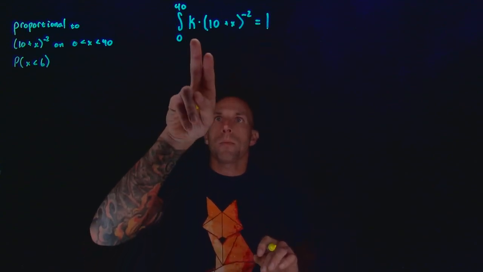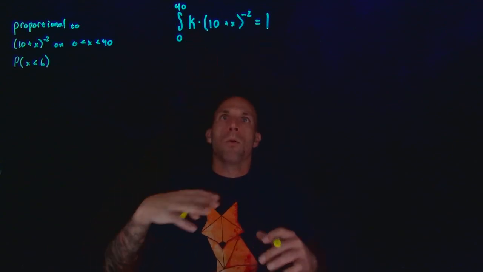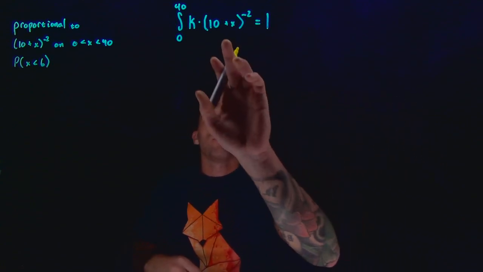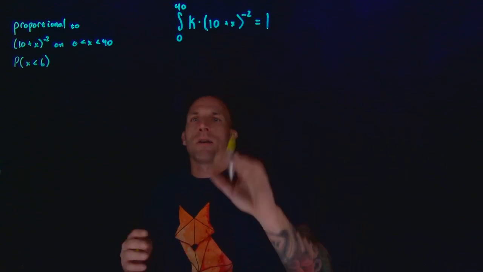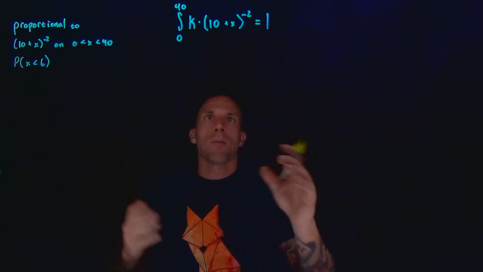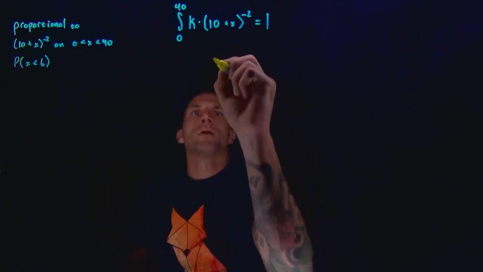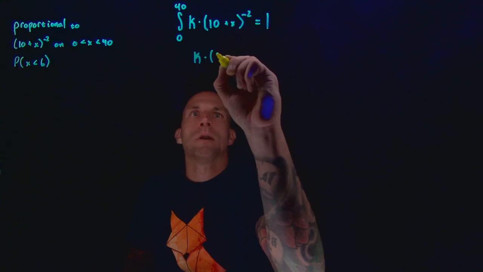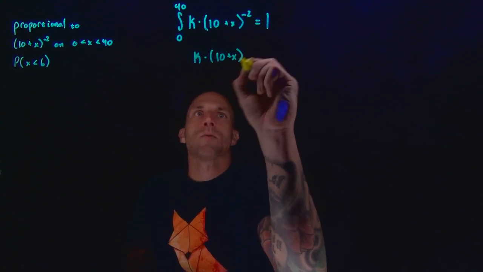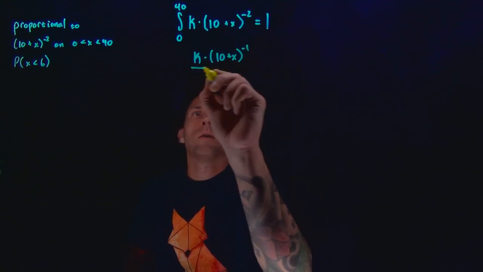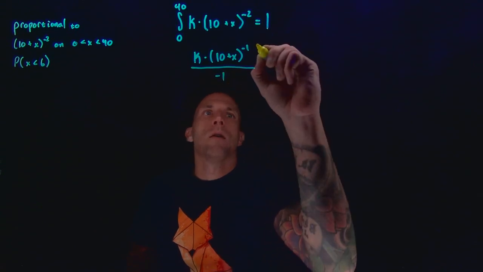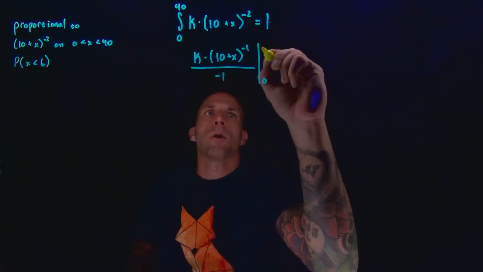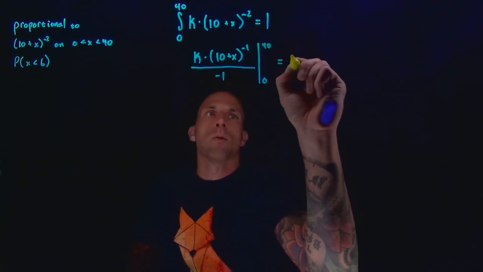So we will roll this integral up. When you have a variable plus a constant, it's the same as just having the variable when using the power rule. So we will end up with k times 10 plus x raised to the negative 1 over negative 1, all evaluated from 0 to 40, equal 1.